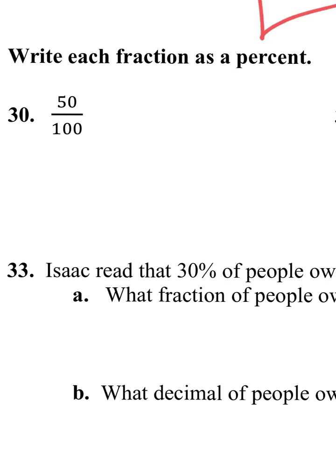After the denominator is 100, it's pretty simple. Number 30, our denominator is already 100, so you take the numerator, 50, and write it with the percent sign at the end of it because it's already 50 out of 100. Pretty straightforward, pretty simple.